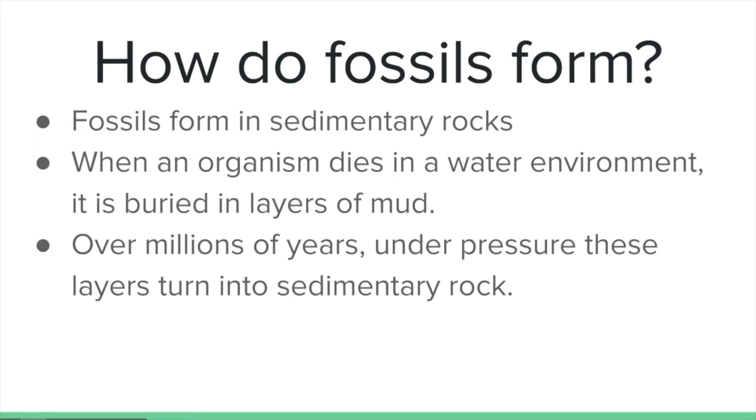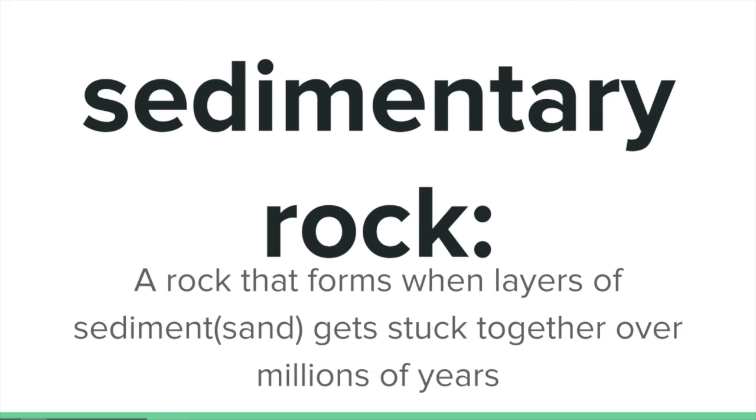And when geologists or paleontologists are digging around the rocks, they're able to find the fossils, whether it be an imprint of the fossil, or the actual mold of the fossil. They are able to dig through the layers and find different fossils.